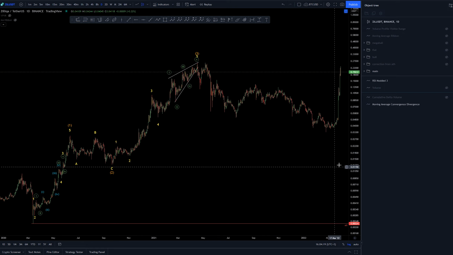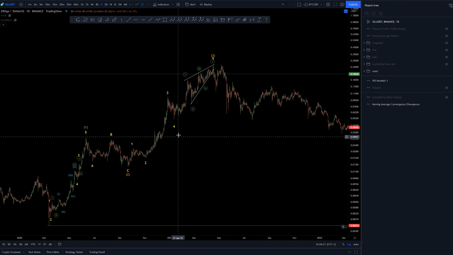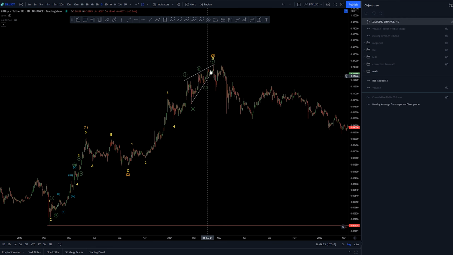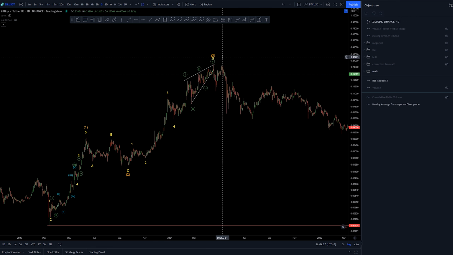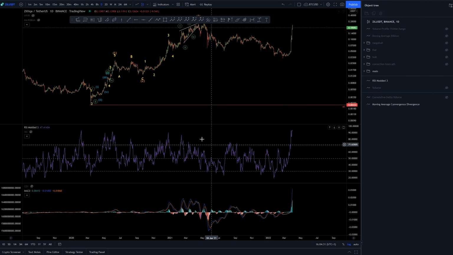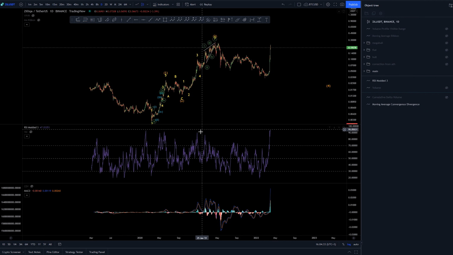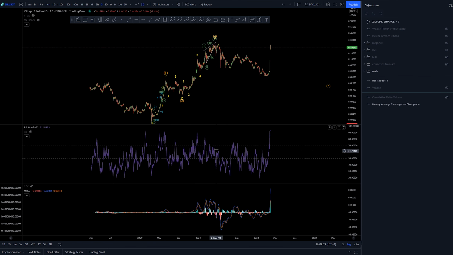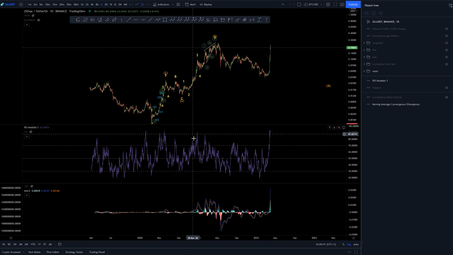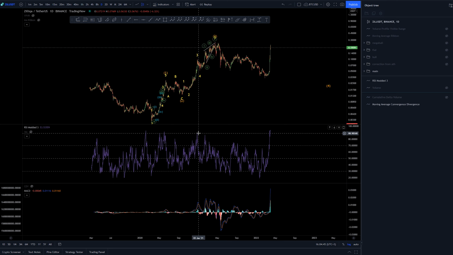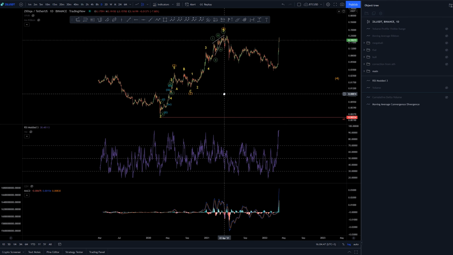Again, from there we have another 1, 2, 3, 4, 5, with the ending contracting diagonal into the 5th of minor of that 3rd of intermediary. We're getting some divergence here between all these peaks, bearish divergence, which is what we're looking for.